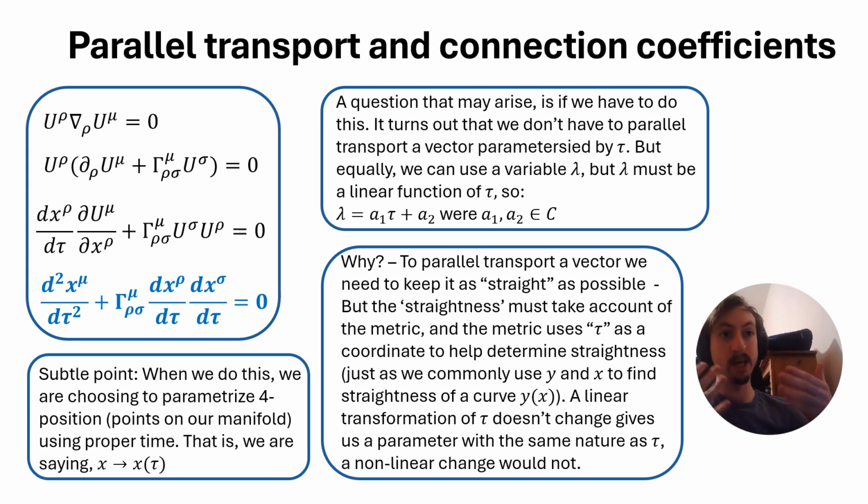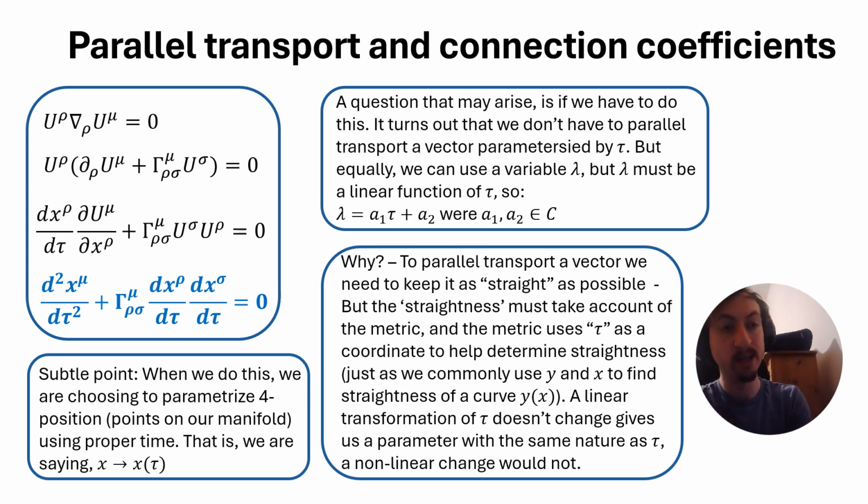And when we're talking about curvature and keeping a vector as straight relative to itself as one can when transporting it across a manifold, so when doing parallel transport, we are moving a vector along a manifold, so it matters what the parameter is that we're using to describe that manifold, and curvature is entirely described in terms of the parameters we use to describe our manifold, and our manifold, because we're generalising special relativity, is built with proper time in it.